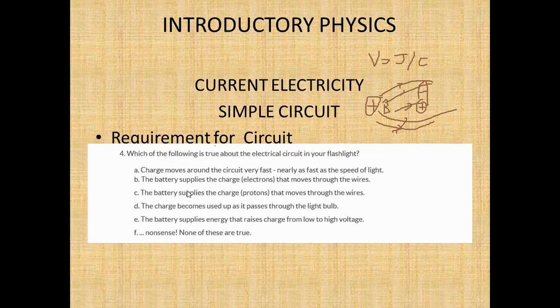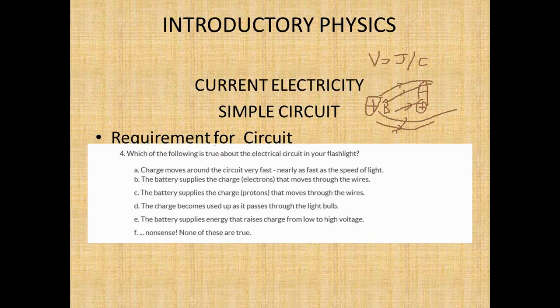No. The charge becomes used up. No. The battery supplies the energy that raises the charge from the low potential terminal to the high potential terminal. That's all the battery does.